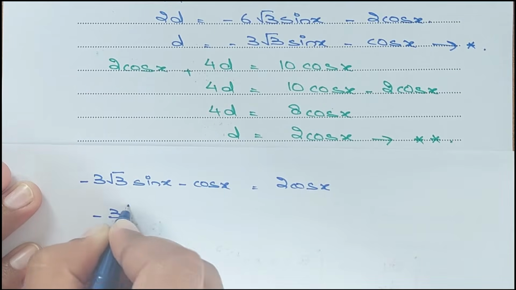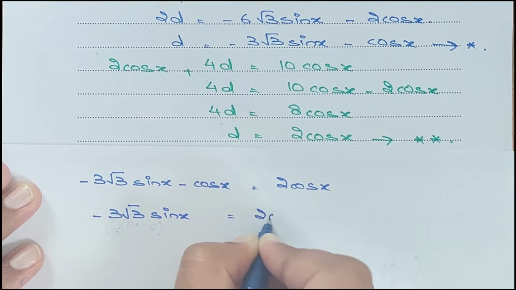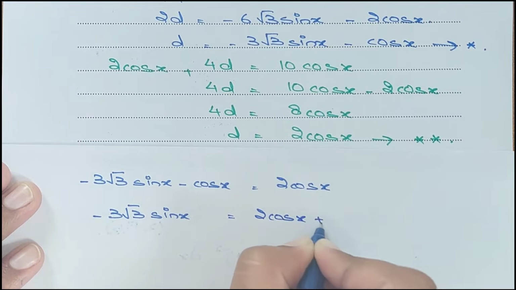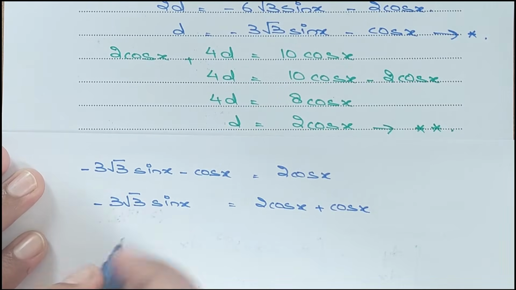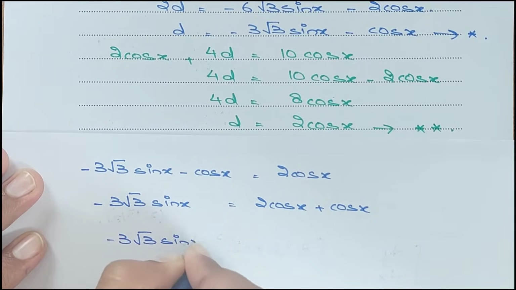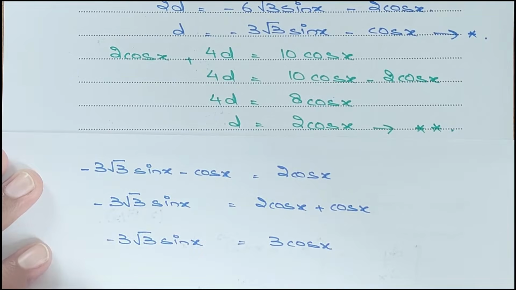Negative 3 square root of 3 sine x is equal to 2 cos x plus cos x. So we have 3 cos x minus 3 square root of 3 sine x equals 3 cos x, right?